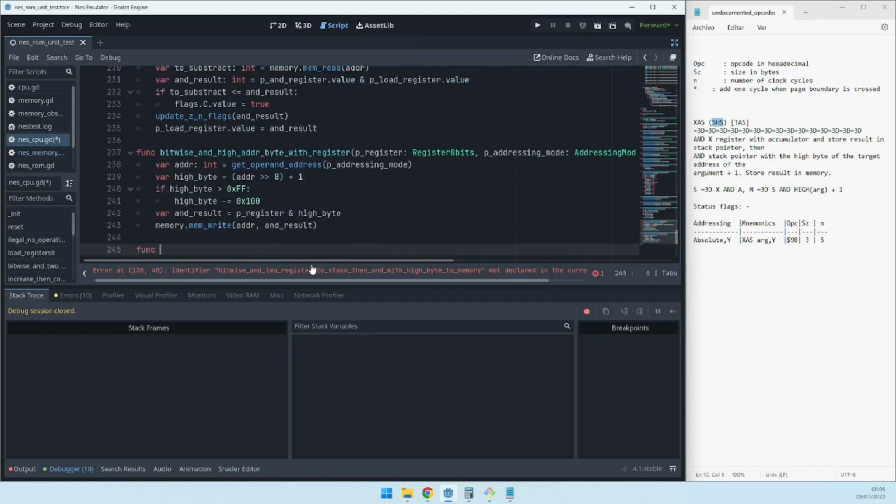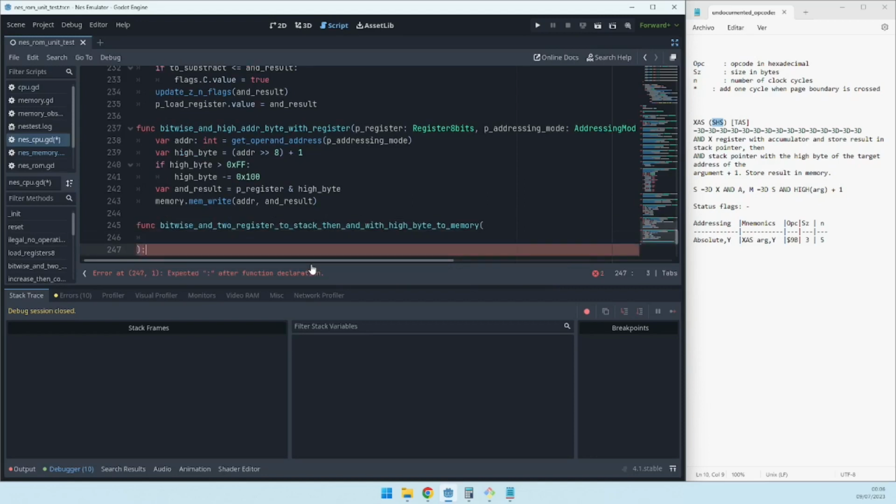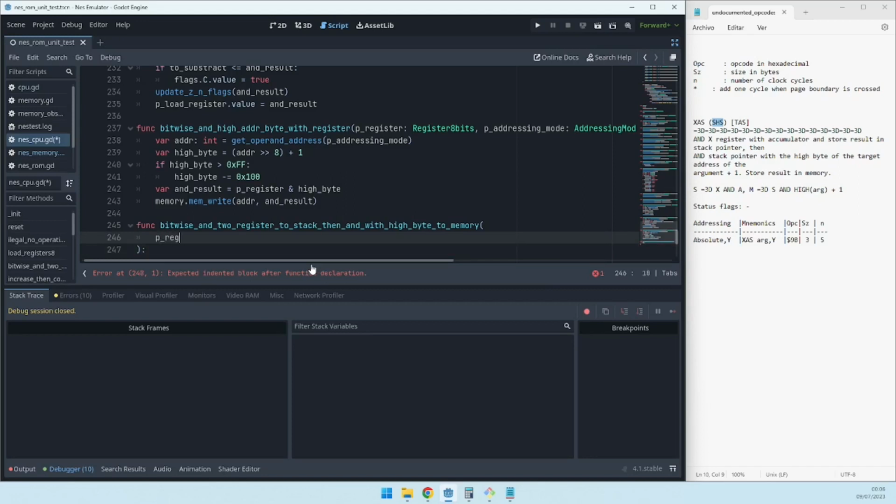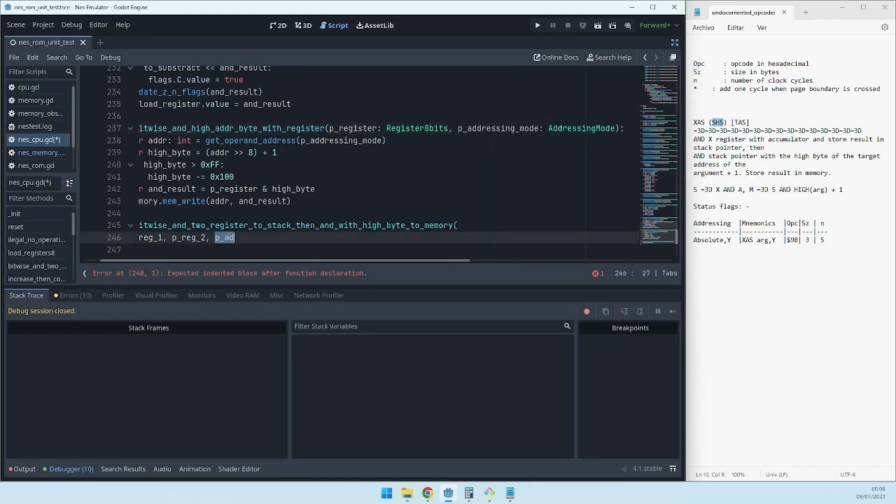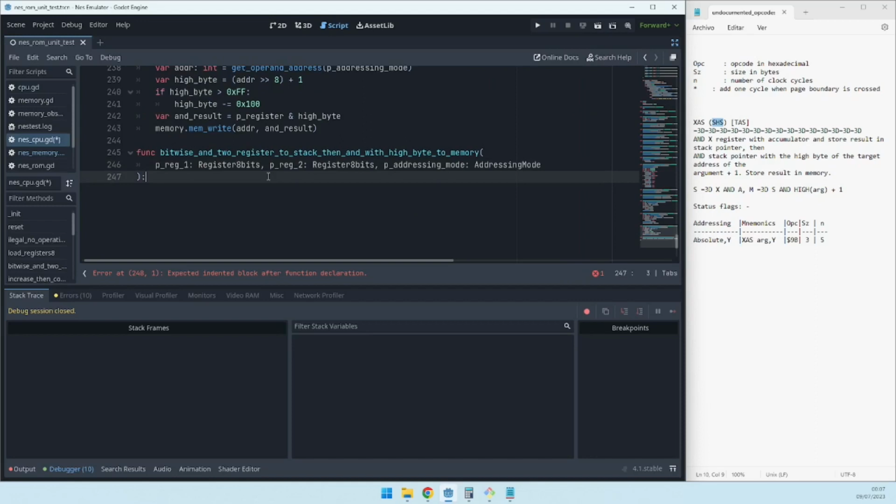Func. This stupidly long name. P register 1, P register 2, P addressing mode. What is wrong with you?